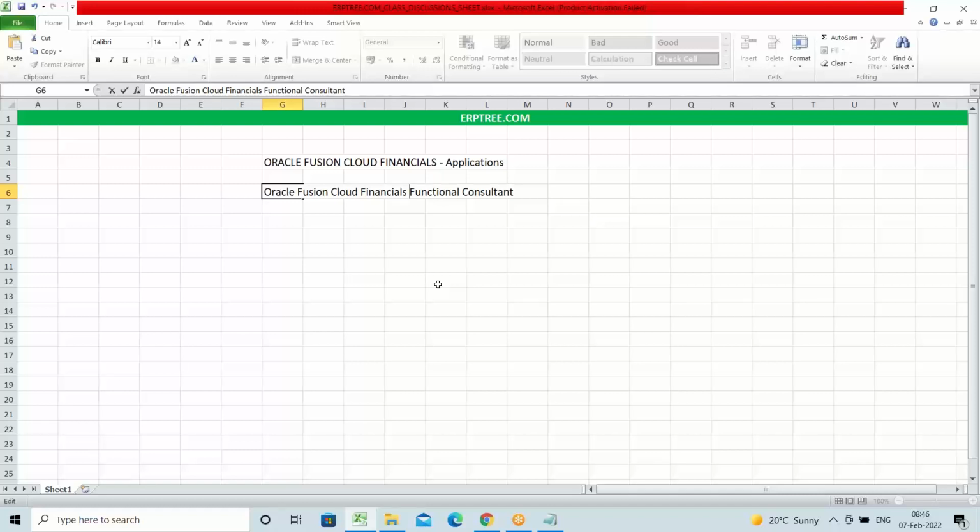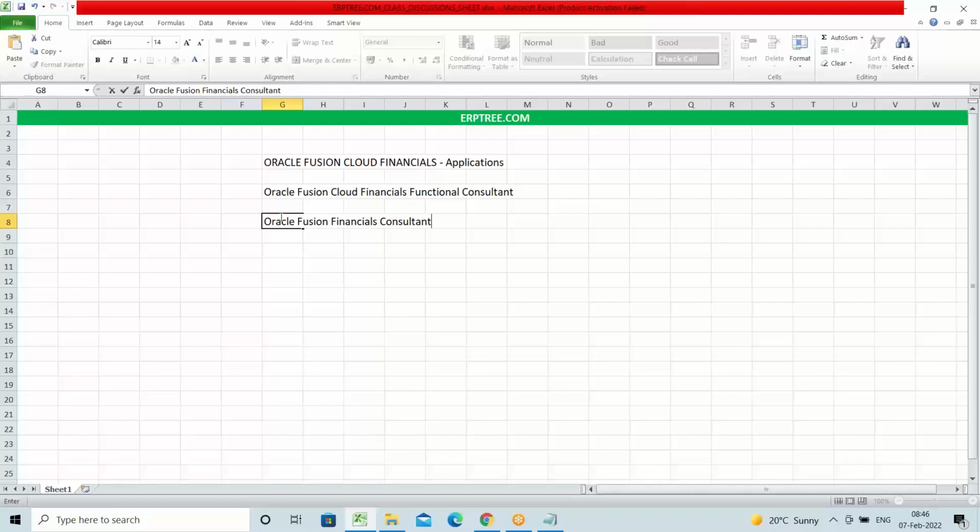In short, we can call it Oracle Fusion Financials Consultant. Okay. So you don't need to include 'functional' every time. Simply you can have the name Oracle Fusion Financials Consultant. This sort of title also we can get.